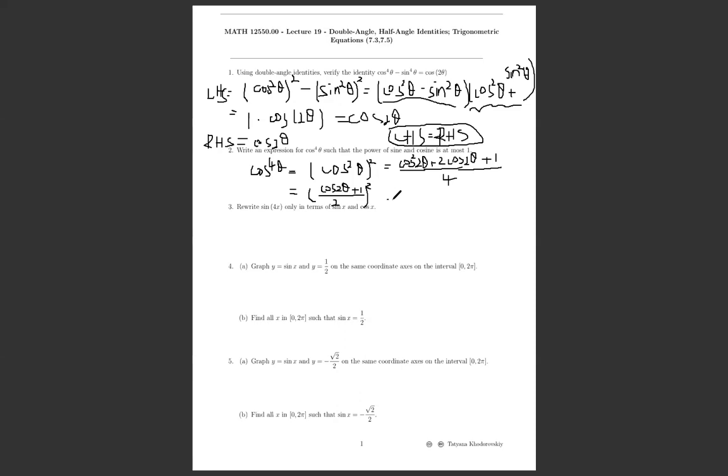And the cosine square 2 theta has power 2, and we don't want that. So we reduce the power again.